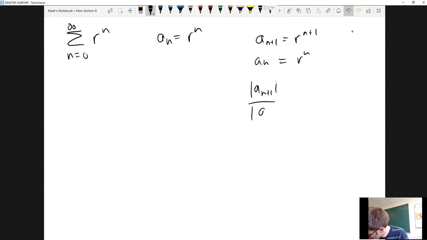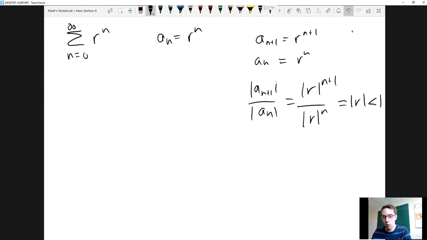The ratio of those absolute values is just the absolute value of r to the n plus 1 over the absolute value of r to the n. And notice there's one more factor of absolute value of r on top, and so we'll get the absolute value of r. And if that ratio is less than 1, then that suggests that r is less than 1 in absolute value, and so our series converges.